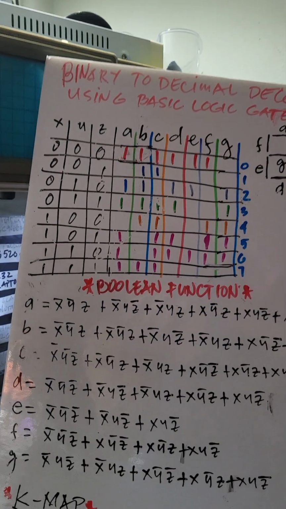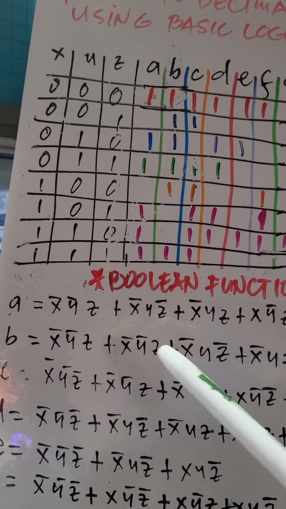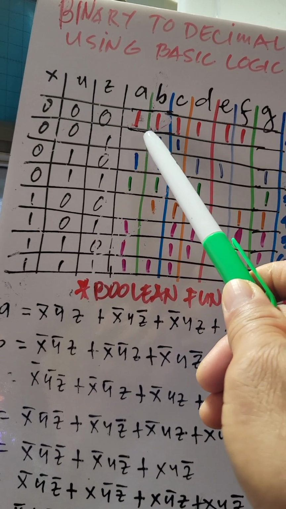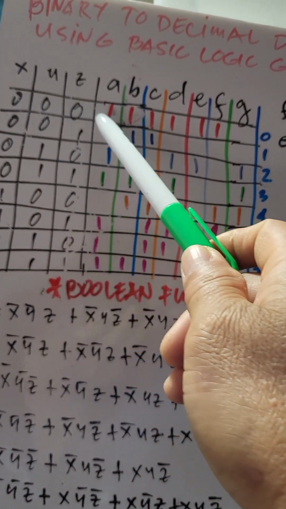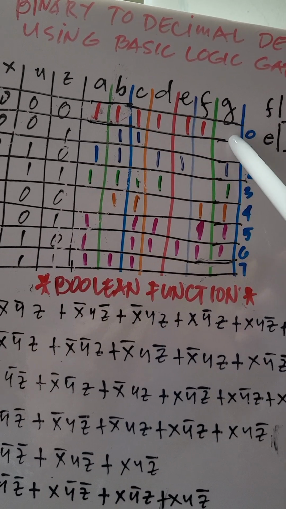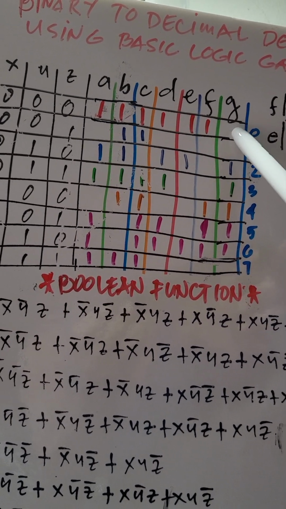So okay, again. So this is for this combination 0, 0, 0.